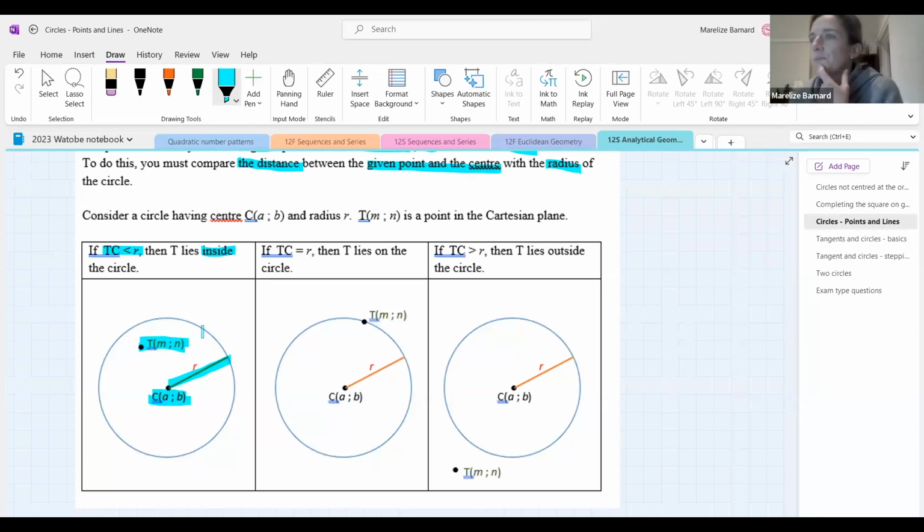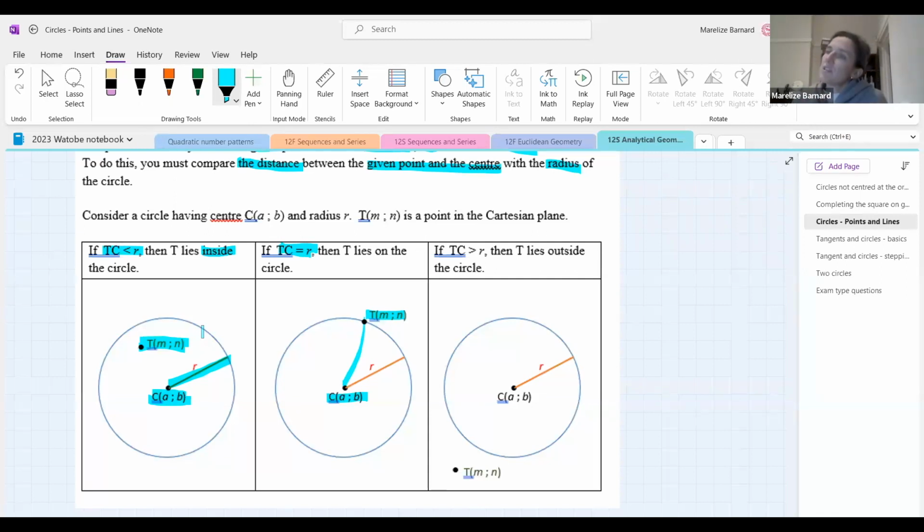Okay, so that's the first scenario. The other scenario that can happen is that if I take the center and my point in question, and I calculate the distance between point T and point C, which is the center, and if that distance is the same as the radius, then T lies on the circumference of the circle.